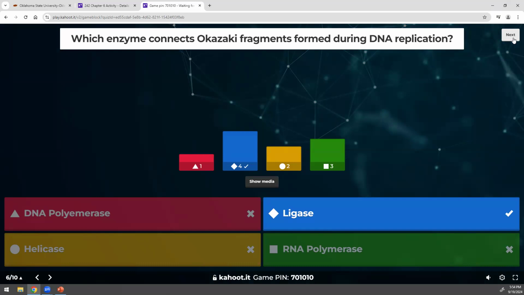Okay, so the enzyme that's going to actually connect those Okazaki fragments together is called DNA ligase. I know we only mentioned it very briefly, but it's going to be really important in DNA replication, because if you're making one strand continuously, which is our leading strand, and the other one's made in little segments, those segments being called Okazaki fragments, that's the lagging strand.